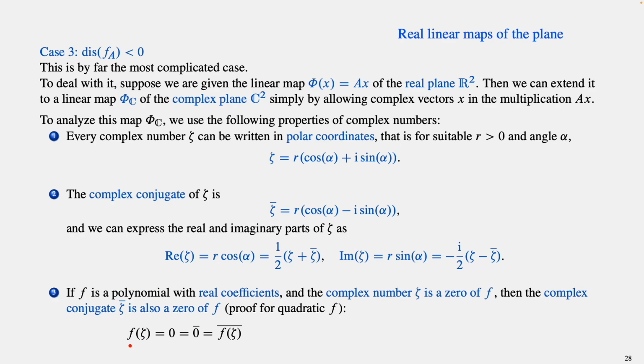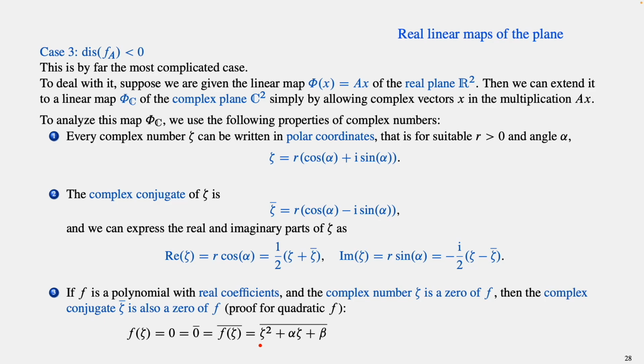To see this, I plug zeta into f, and this is by assumption 0. 0 is the same as the conjugate of 0, so 0 equals 0 bar. And this is the same as f zeta conjugate, obviously. Now I write this out explicitly, and here I assume that f is quadratic, but as I said, this would hold for polynomials of higher degree as well.